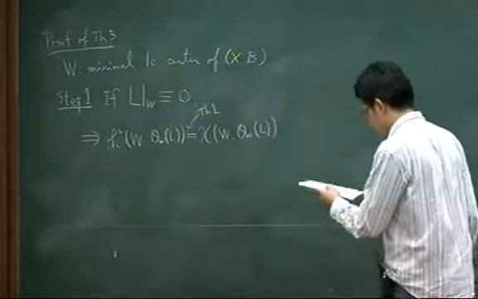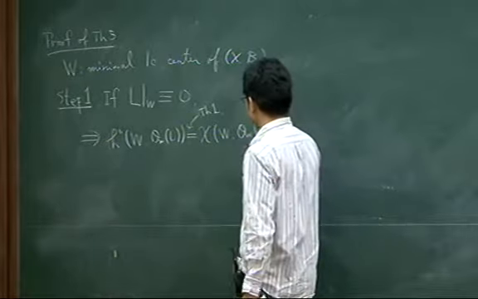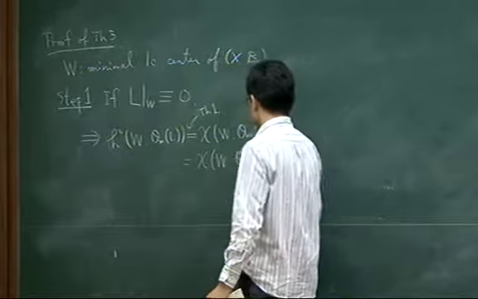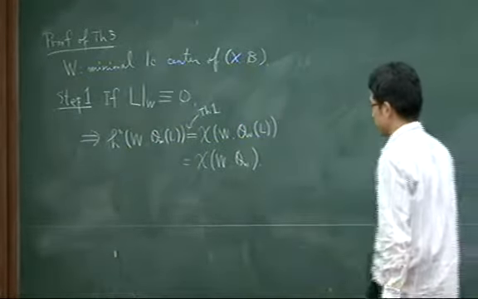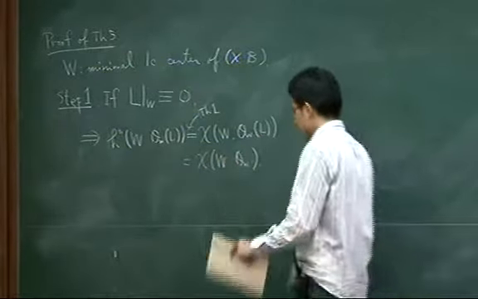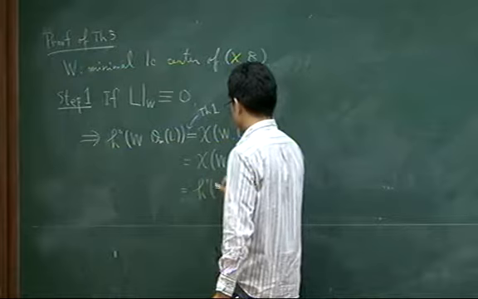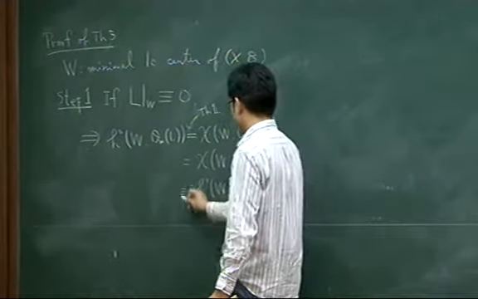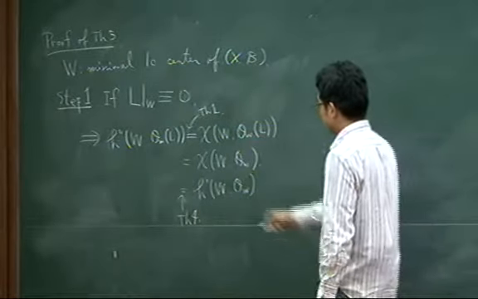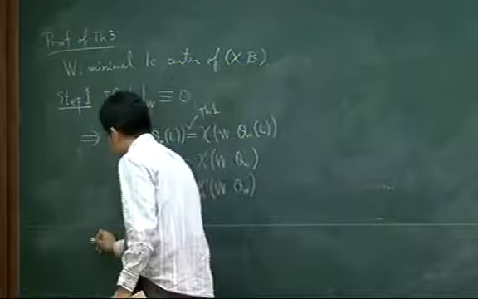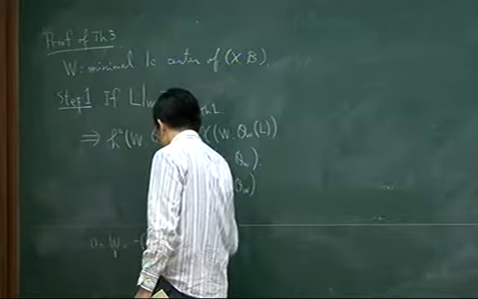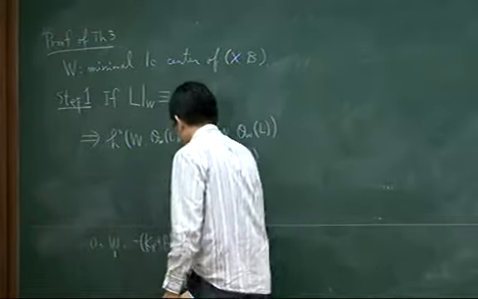So we obtain this equality, and L restricted to W is numerically trivial. So this is nothing but chi(O_W), and this is H0(O_W), theorem 4. Okay. On W, minus (K_X plus B) restricted to W is ample.